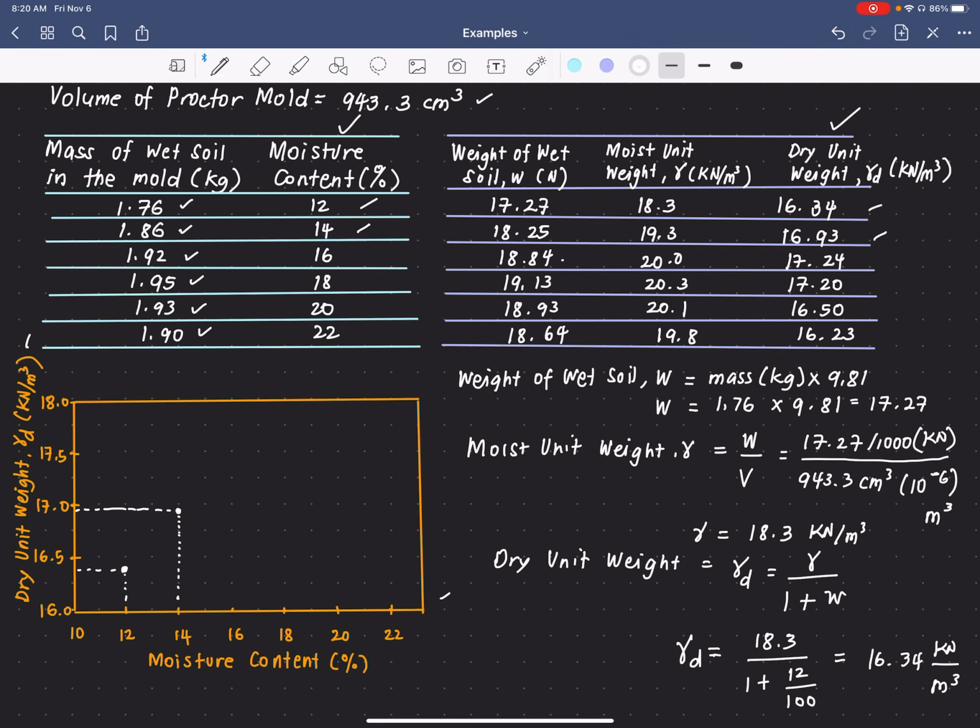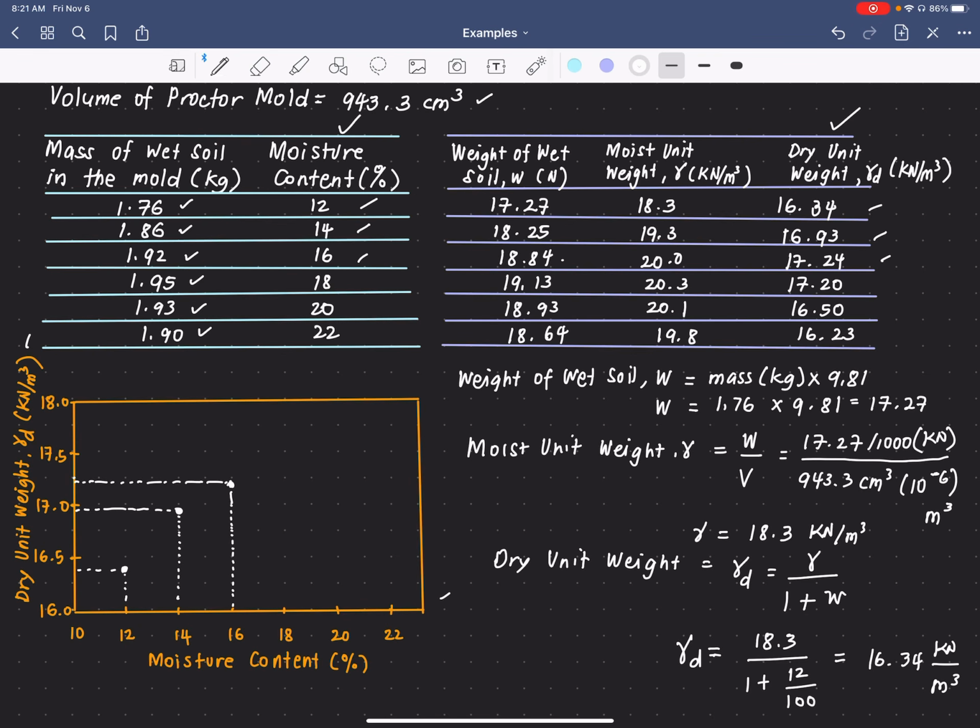There you go. So this is our second data point. Then our third data point is 16 and 17.24. This is our 16, 17.24. So this is 17.25. So very close to 25, of course. And here's our third data point.